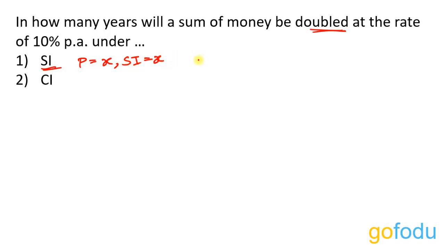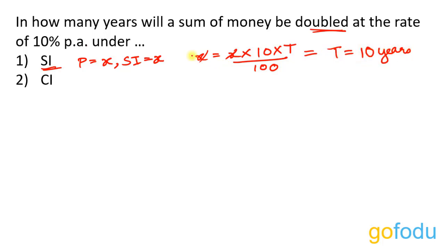Put in the formula, simple interest is equal to PRT upon 100. X would be equal to X into rate of interest is 10 into time that we are asked upon 100. X will get cancelled. Time will come out to be 10 years because rate of interest is yearly and we are asked how many years. Time would come out to be 10 years.